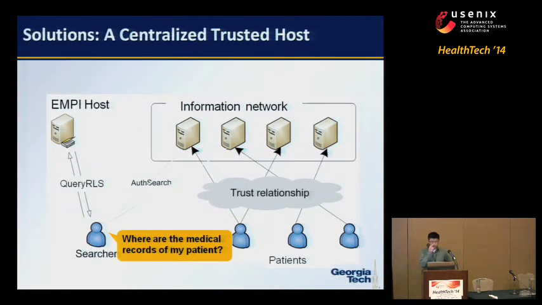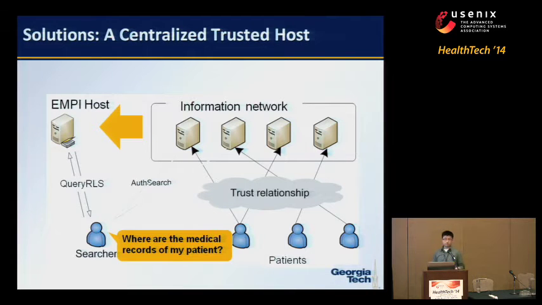Clearly, another approach is to rely on a centralized, trusted host. Let's call it the EMPI host. So basically, this is how it works. Different hospitals will dedicate their local databases to this host. Let the host store a copy of the original data.